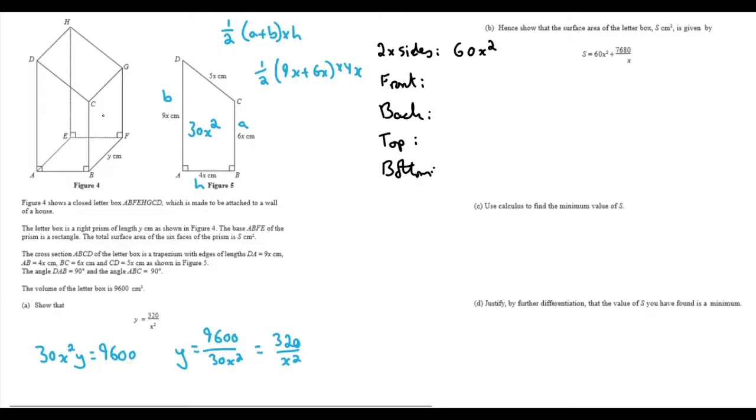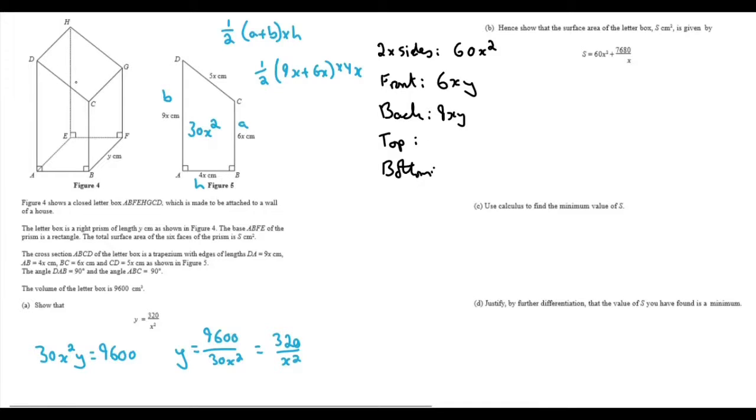For the front, by which I mean kind of this CBFG rectangle here, the base is y, and the height, CB, we can see from here, is 6x. So together, that would just be 6xy. The back is similar. It's going to be the DAEH. The base again is y, but now the height is 9x, so it's 9xy.